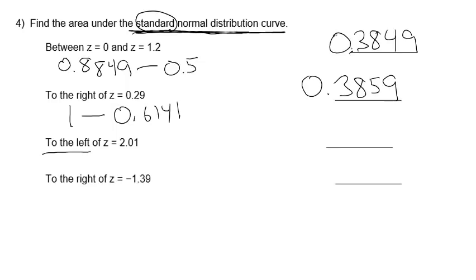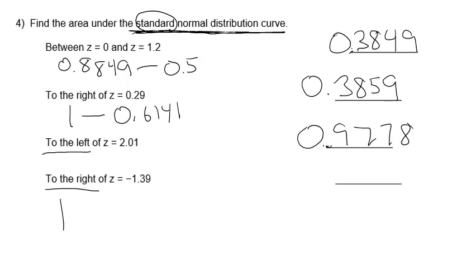The next one, to the left of z. To the left of z is exactly what the table tells me. So I'll look up 2.01 in the table. 0.9778. That's what I get. The last one is another one to the right of z, meaning larger than z.